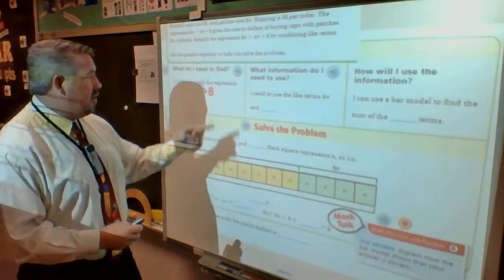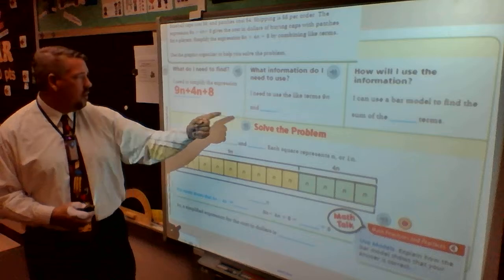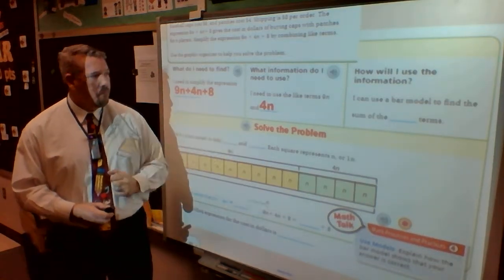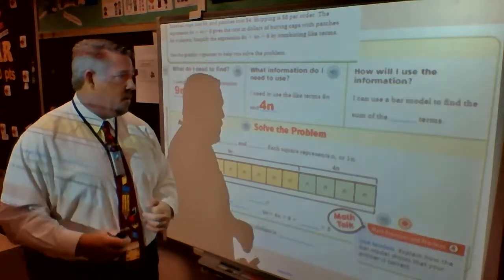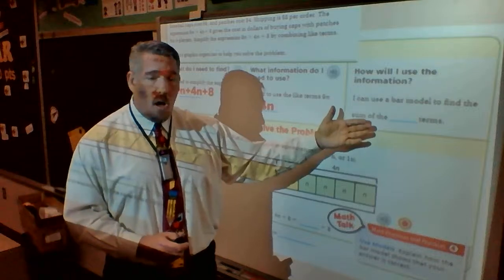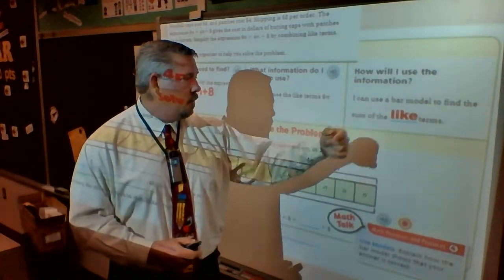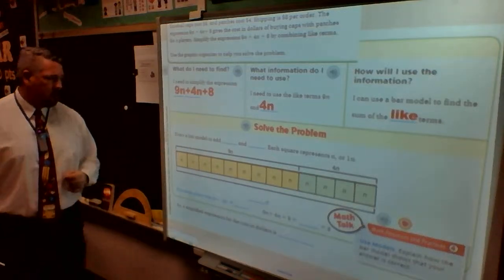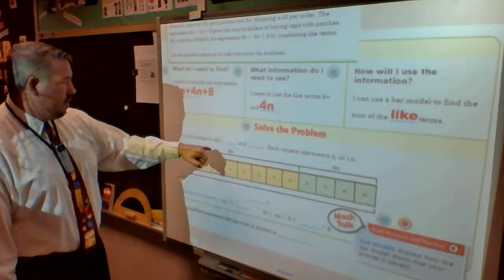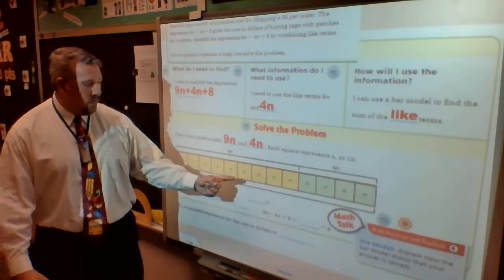What information do I need to use? I need to use like terms of 9n and the other like term, 4n. So I need to fill that in. How will I use the information? Well, this says I can use a bar model to find the sum of the terms. Sum means what? Addition should have popped into your head. So I'm going to draw a bar model to sum these two terms of 9n and 4n. I have 9 of them drawn.